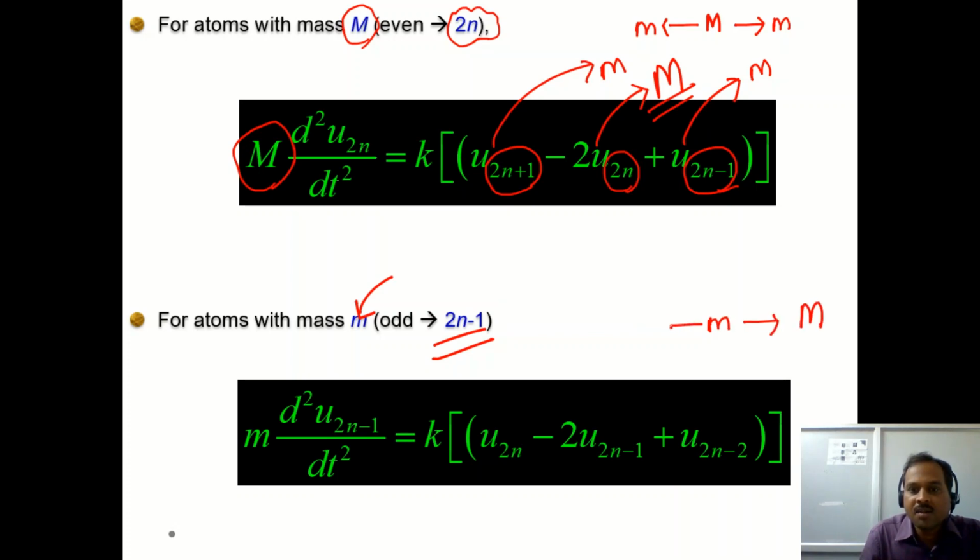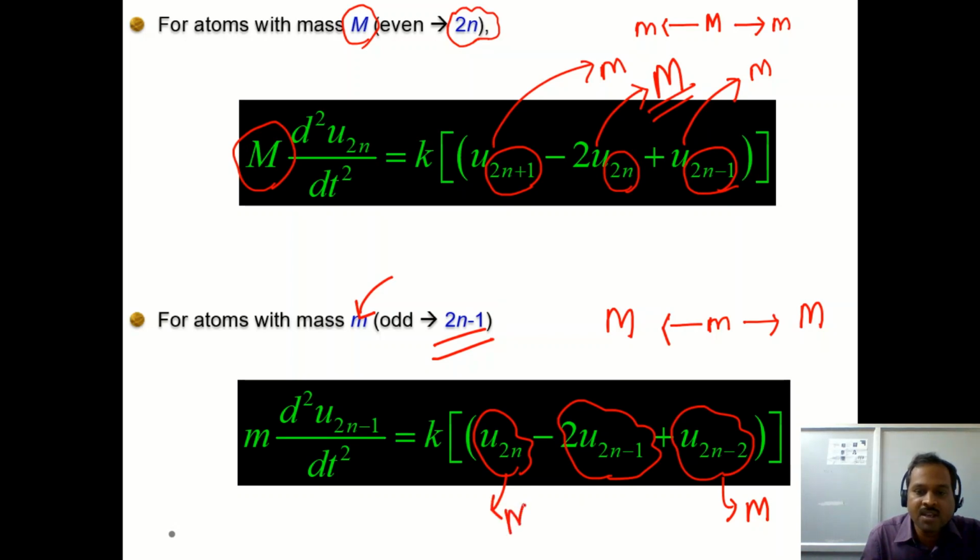For the 2n minus 1th atom, that is small m, we have the associated neighbors, that is capital M, and these capital M have the displacements u_2n and u_(2n minus 2). So u_(2n minus 2) is the displacement from the mean position for the capital mass M, which is situated to the right of this 2n minus 1th atom, and this is for the 2nth atom, which also has the heavier mass M, whereas u_(2n minus 1) is for the smaller mass m, which is situated at the 2n minus 1th location.